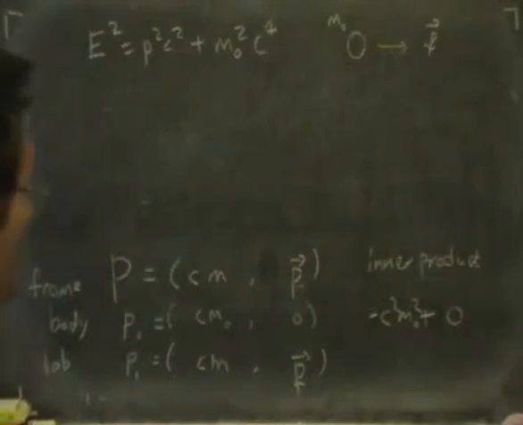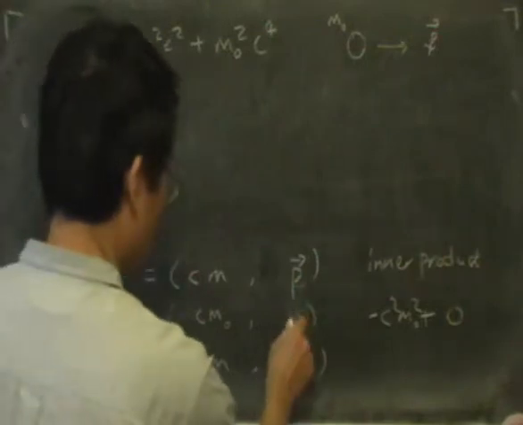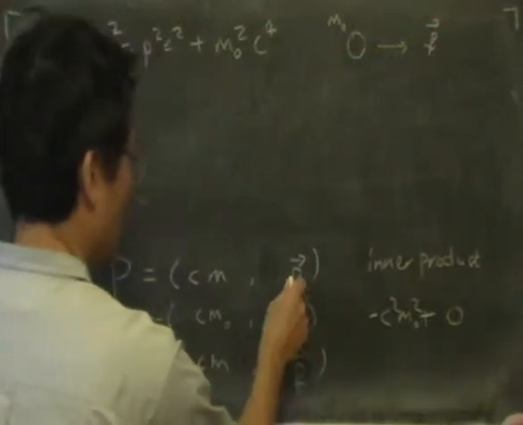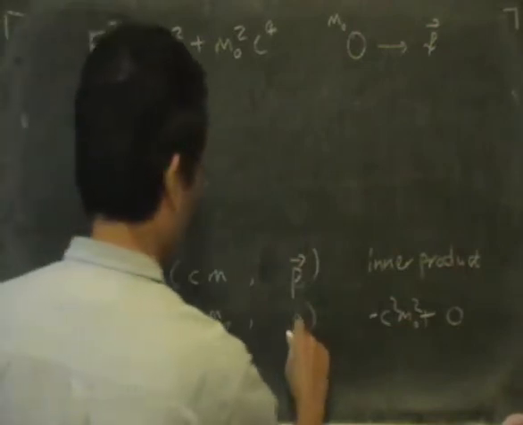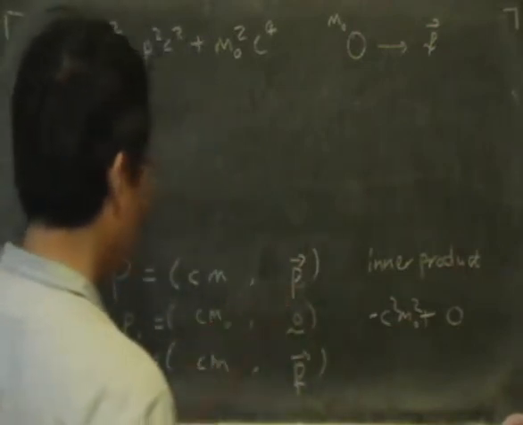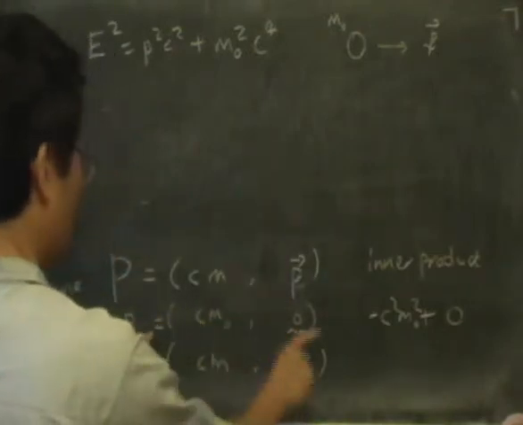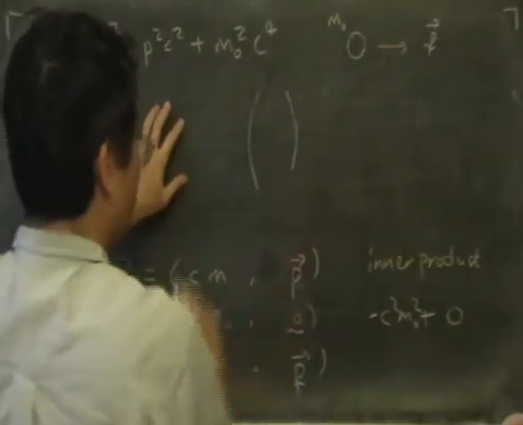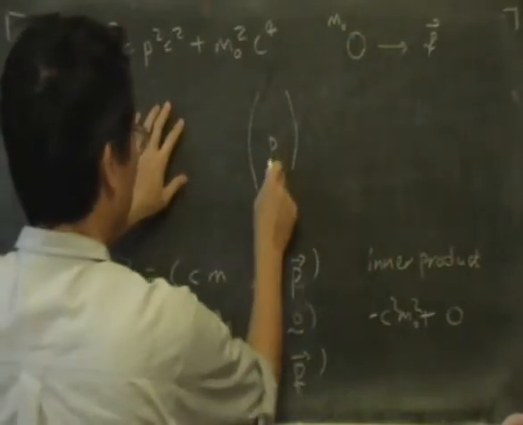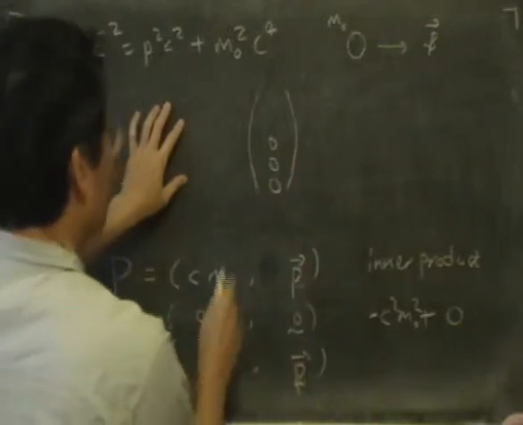Now just to make sure that we understand this correctly, the 0 here refers to the 0 of a momentum vector in 3D. So there are really 3 components of zeros here. Let me write this out. If I'm doing an inner product of this with itself, we would have the 3 zeros for that part, and have the CM0 there.